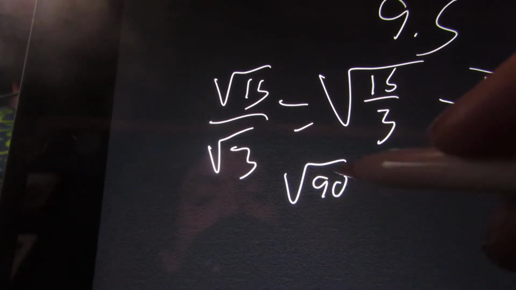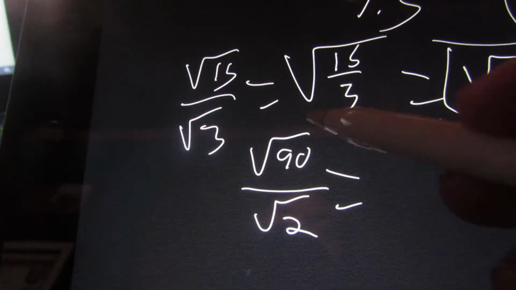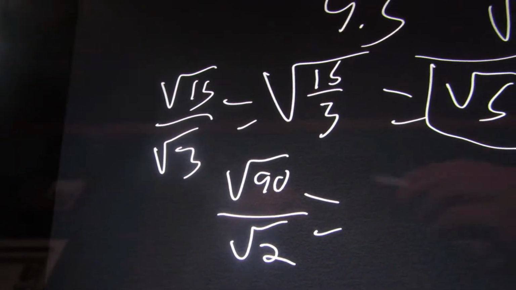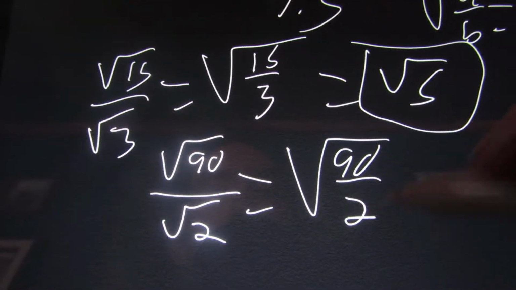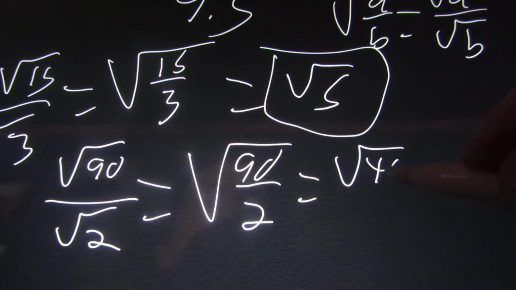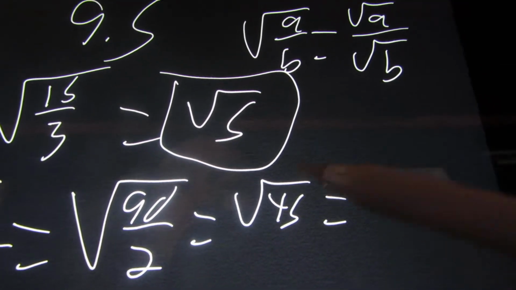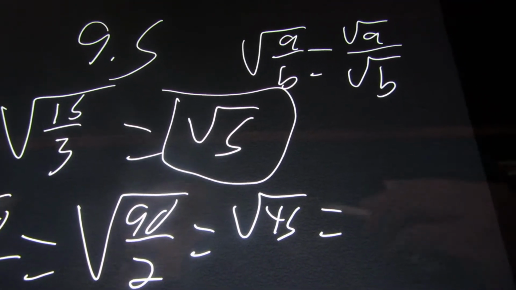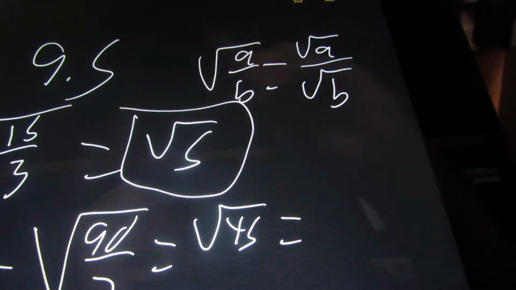So let's say we have square root of 90 over square root of 2. We can divide 2 into 90, but just for kicks, I'm going to put them all under one radical. And so square root of 90 divided by 2 is square root of 45. And now we can't take the square root of 45, but 9 will go into 45, and it will go 5 times.